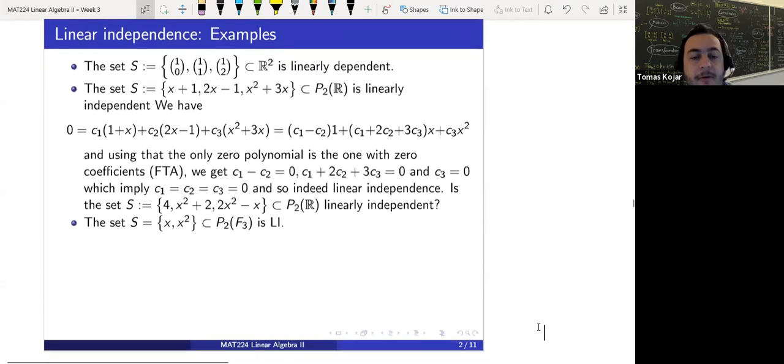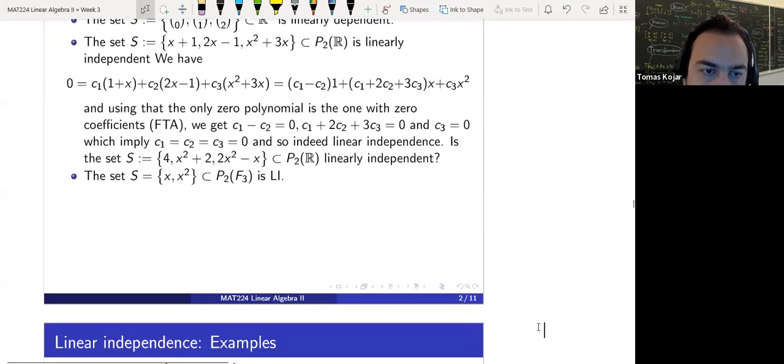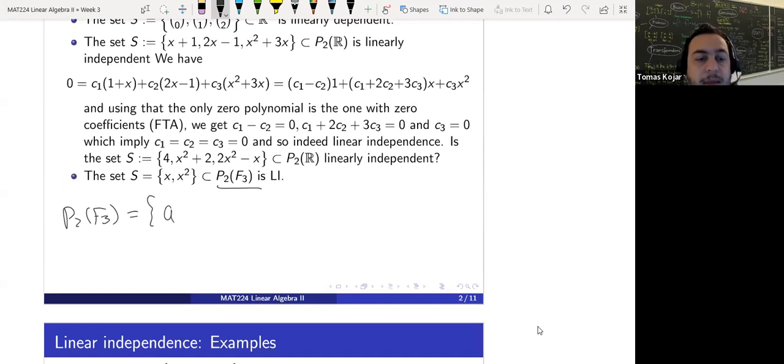All right, now here's a more tricky example. Let me explain all the notations here. So P2 of F3 are polynomials of the form a0 plus a1x, and one more, a2x squared, with the coefficients a_i and x both taken to be in F3.